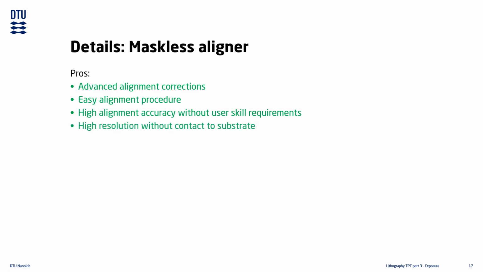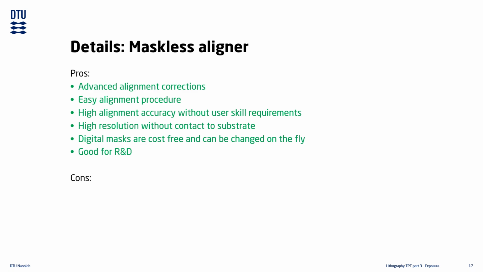It also has demagnification optics, which means that it is generally capable of producing smaller features. The digital masks are basically cost-free, at least if they are made using open-source software, and they can be changed on the fly, if necessary. This makes the maskless aligners exceptionally great for R&D environments, like the one we have at DTU Nanolab.